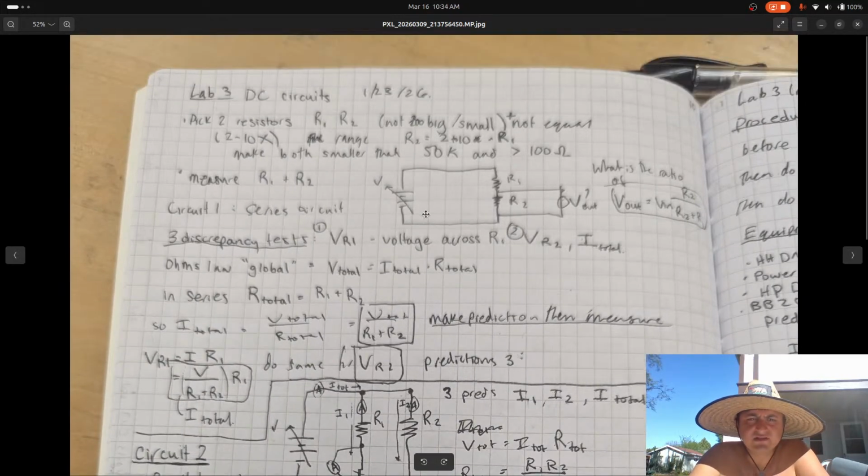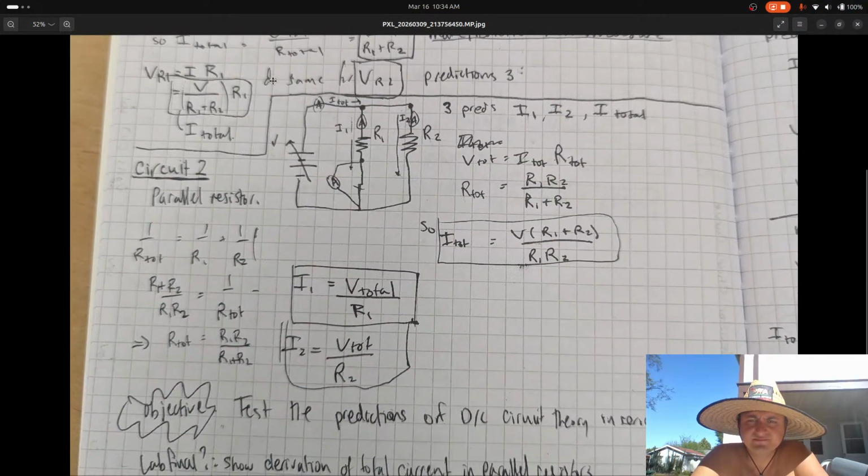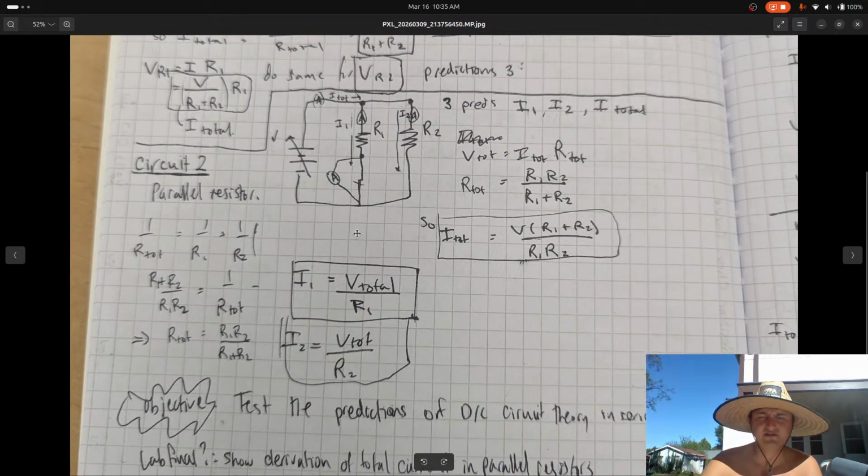Okay, DC circuits. Okay, parallel and series resistors.